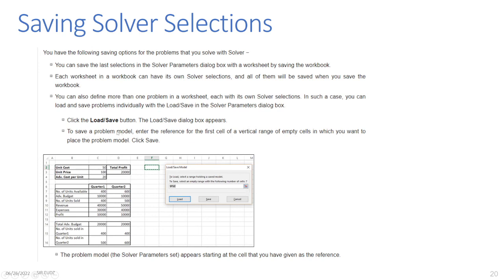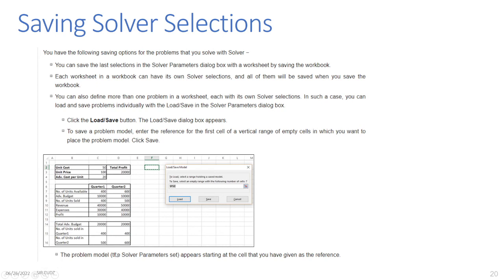To save the problem model, enter the reference for the first cell of the vertical range of empty cells in which you want to place the problem model. Then you click Save. So in this case, he clicked F2. That's why we have to click F2. Then click Save.